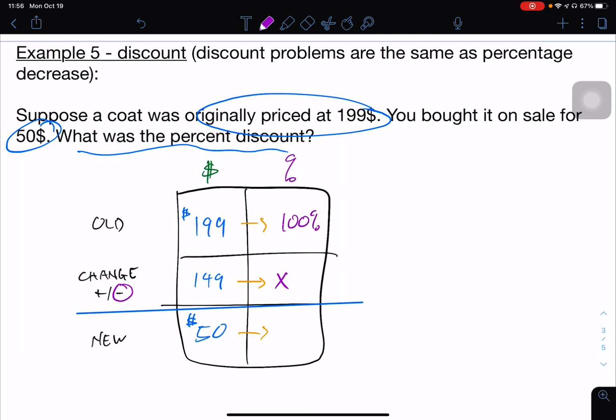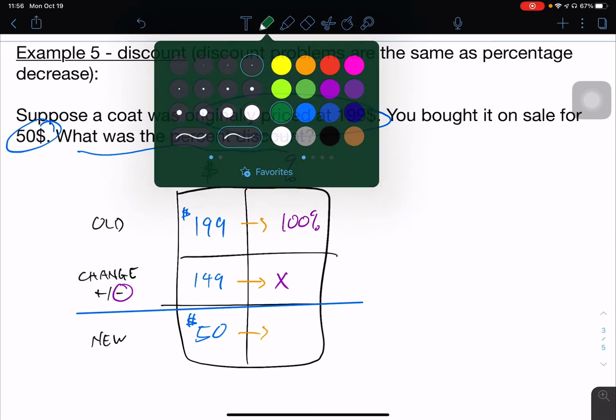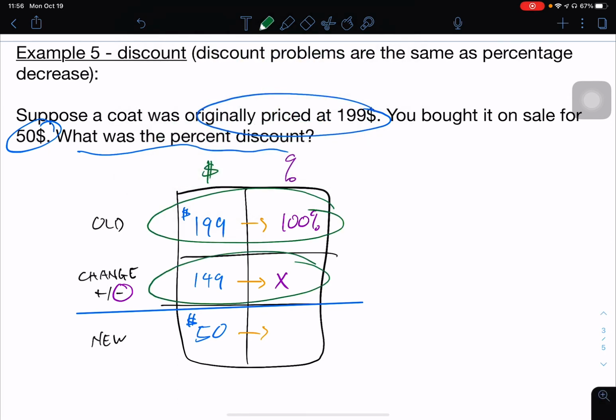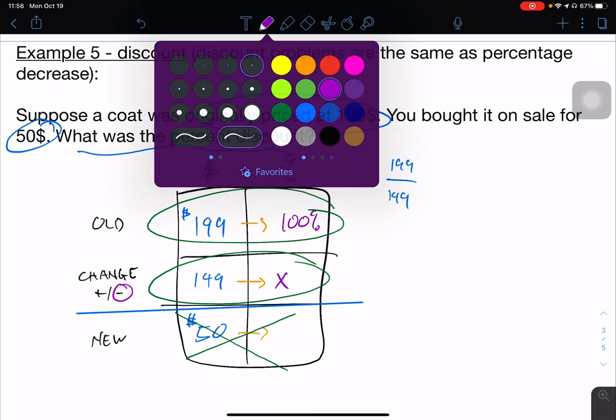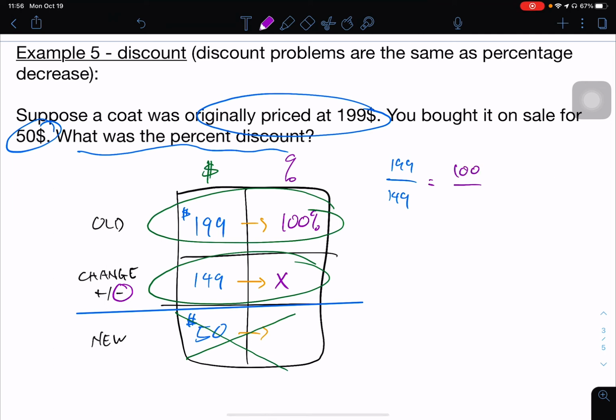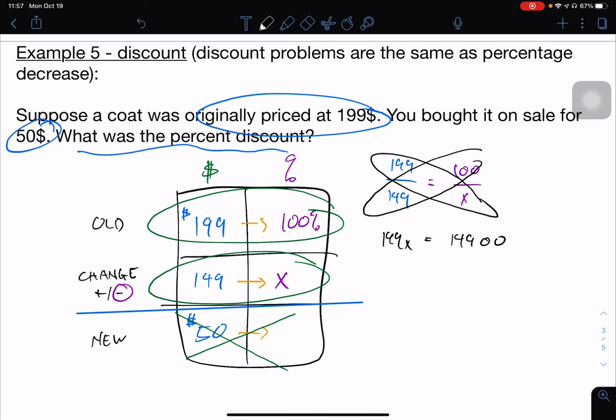So now we have our proportion using this and this. So that means we actually don't need this one right here. So now you're left with 199 for 149 equals 100 over x. Cross multiply: 199x equals 149 plus 2 zeros. Divide both sides by 199.